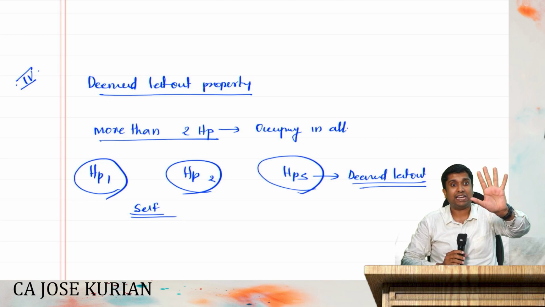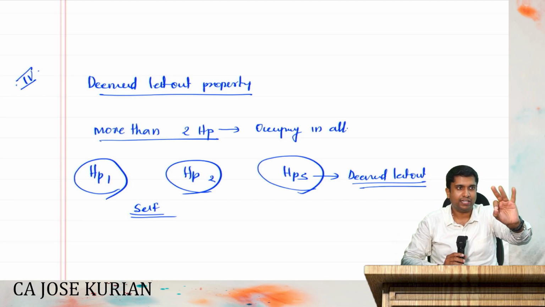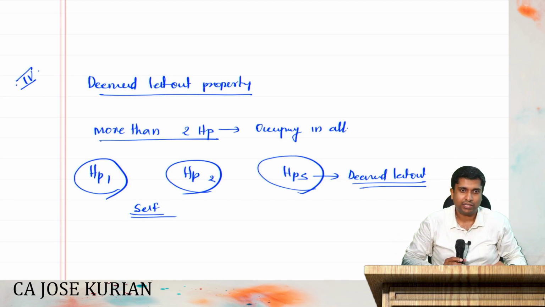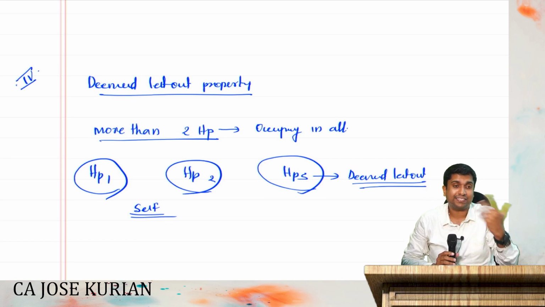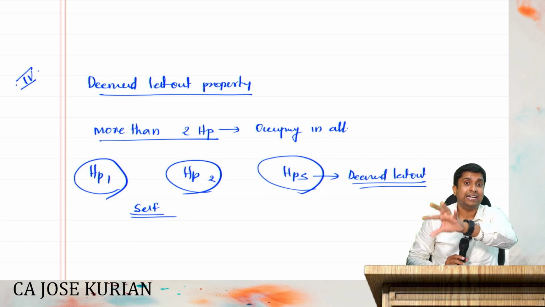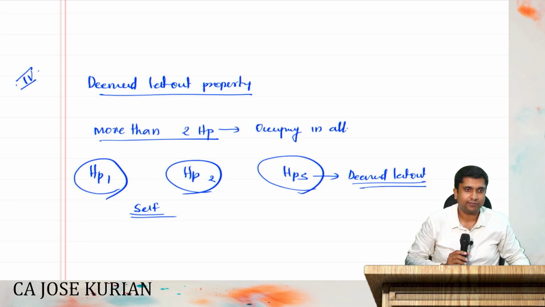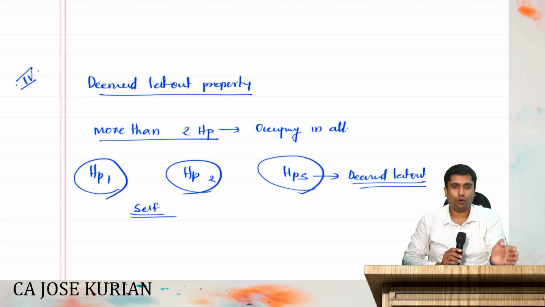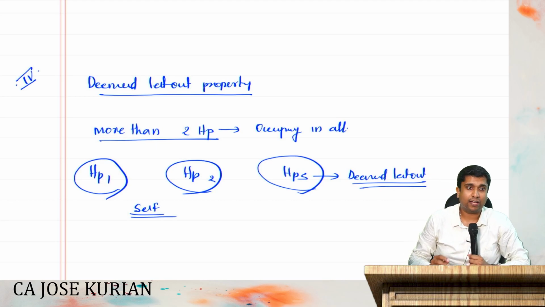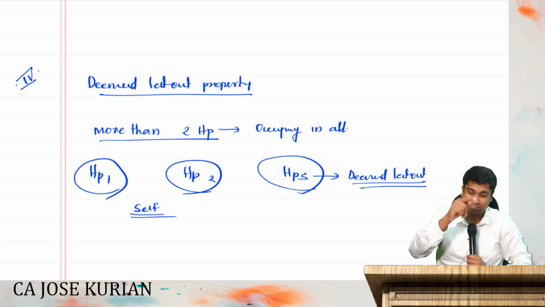Out of that 5, any 2 I can show as self-occupied. Remaining 3 will be deemed let out, even if they are self-occupied. Are you all with me? So which one should be self-occupied and which one should be deemed let out depends upon the value of the property. The higher value property should be self-occupied. Lower value property only should be deemed let out.